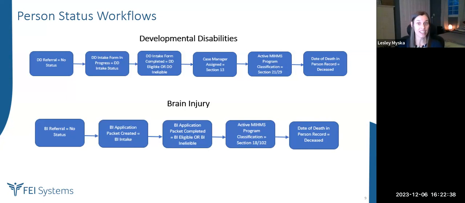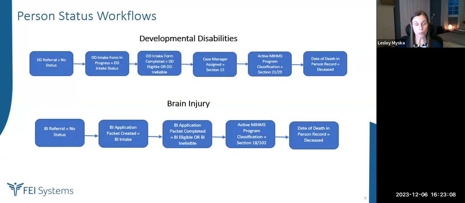They will stay this way as long as their plans are updated timely and their classifications get entered timely into the MIMS system, and then flowing back. Until which point they choose to either terminate services voluntarily, or because they just don't want to receive them anymore, or they move out of state, or they pass away and now they're deceased.